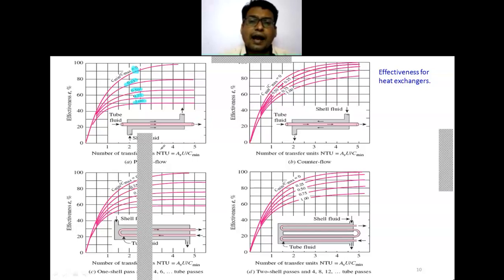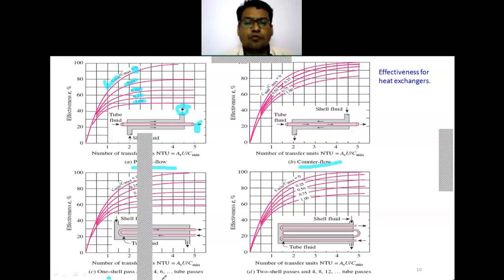So for a particular effectiveness and for the NTU values with different ratios of the capacities, I will be able to calculate the outlet temperatures of the fluids for the hot and cold material. Now this is for the parallel flow. This graph is for the counter flow heat exchanger.